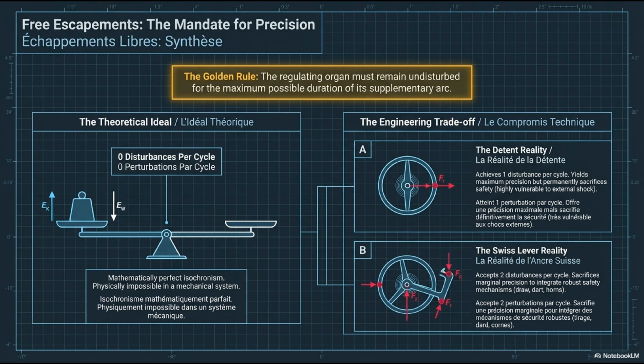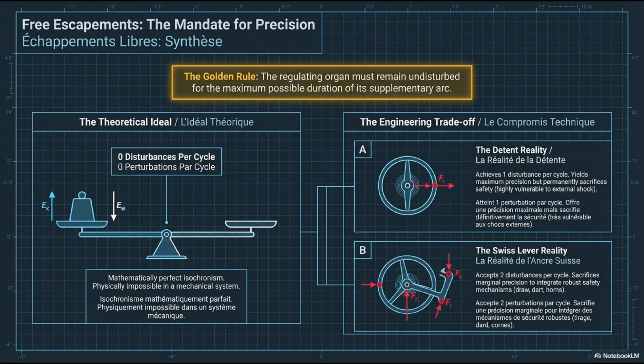Option B, the Swiss lever reality, accepts 2 disturbances per cycle, 1 on each alternation. This costs some precision relative to the detent. But those 2 disturbances per cycle are what allows the integration of the draw mechanism, the safety dart, and the guard horns, the complete shock protection architecture that makes wristwatch use possible.